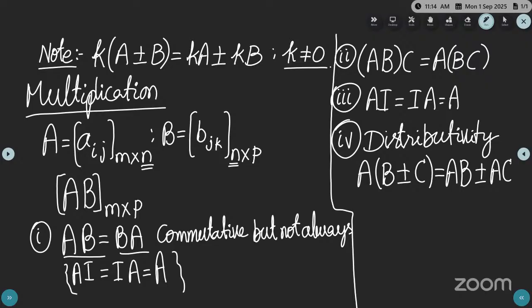Okay, is it clear? Right. So these are the properties related with the multiplication of matrices.